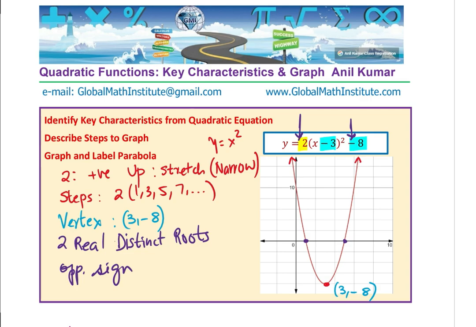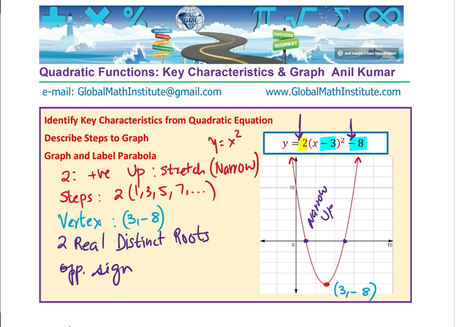So we have the vertex below the x-axis and the graph opening up. Makes sense. Below the x-axis, graph opening up, it is going to hit at two places, so we get two x-intercepts. So from this equation, we know that the graph is narrow and up with two x-intercepts. Normally, only this information is required.